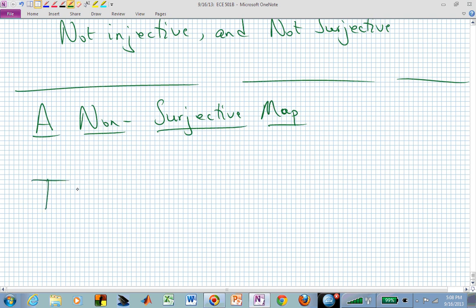Suppose that we say, well, let's look at a map T from R3 up to R5.